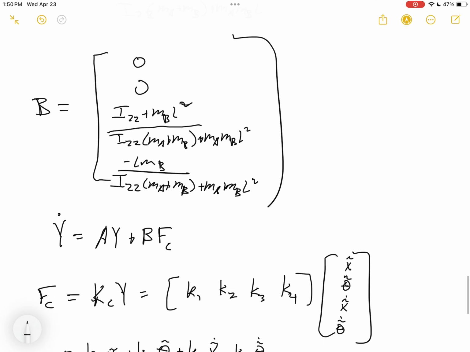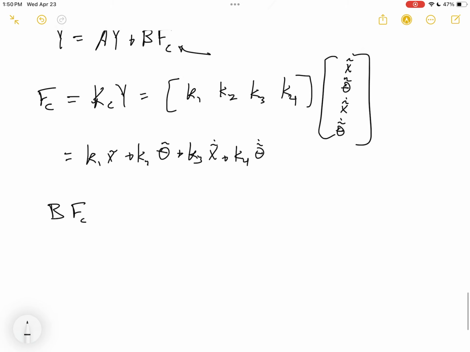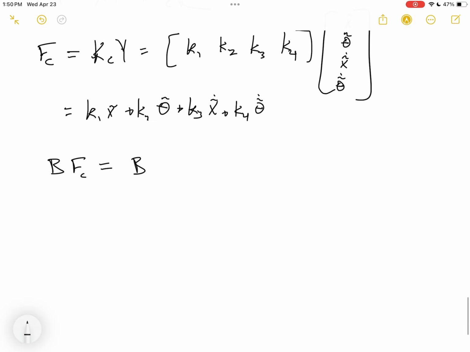And when we multiply that into Fc, we can see that the B Fc term is going to equal the B vector, which we wrote down up here, times Fc, which is equal to Kc times y.